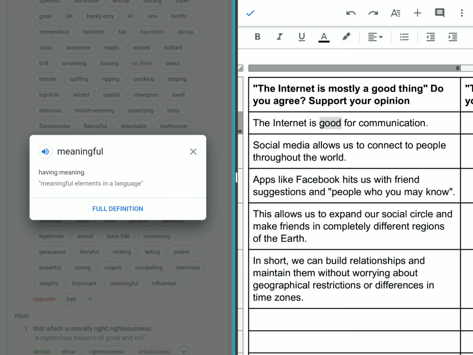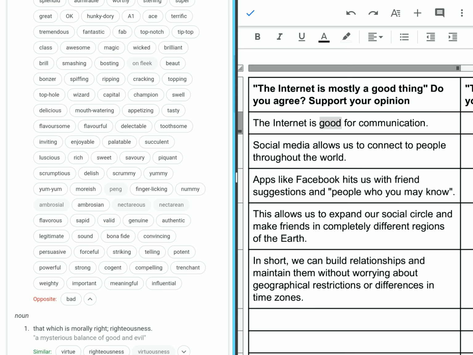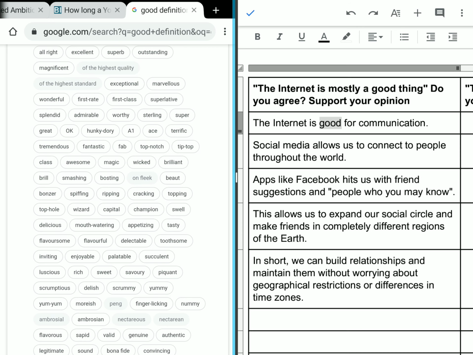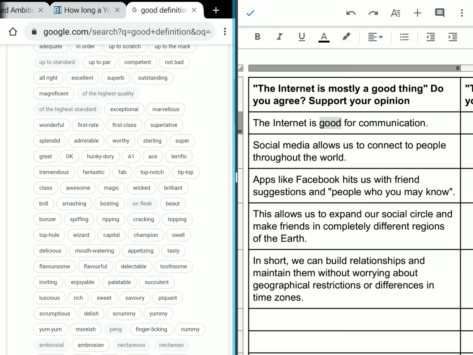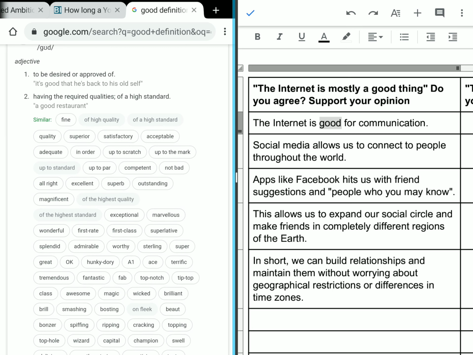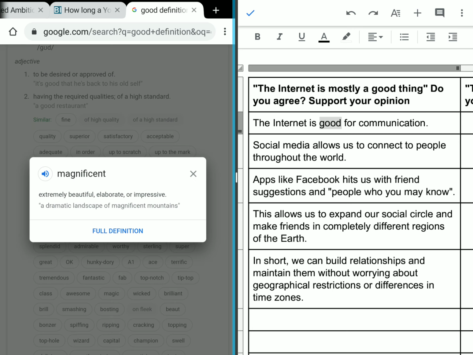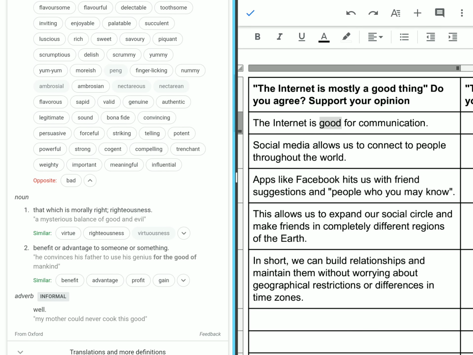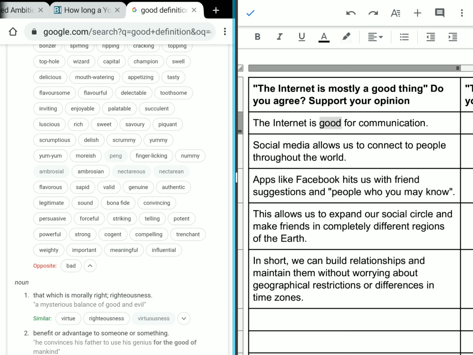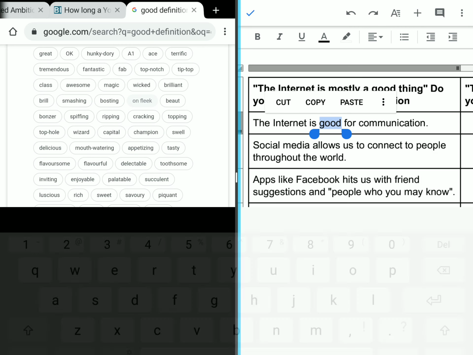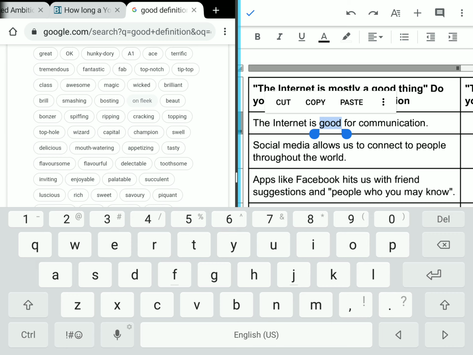It could be meaningful, influential. Magnificent. It's a little too far, but it's still okay. I'm going to pick important, or actually, there's a word that can replace important, which is crucial.